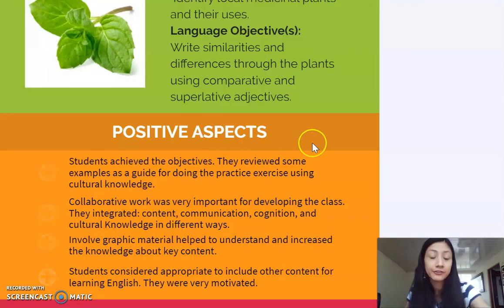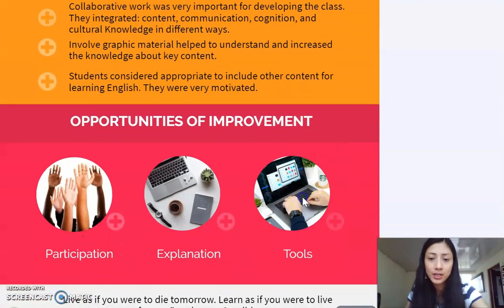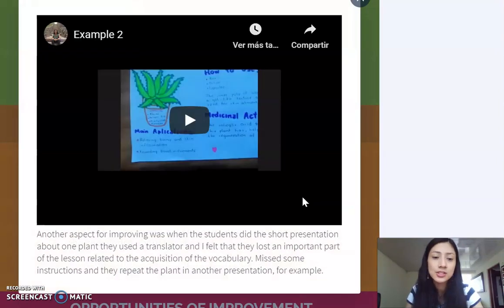Okay, finally, related to the tools. My students used a translator, but I don't know if it's okay or not because, for the level, I understand that they need help to express or to present a specific content.